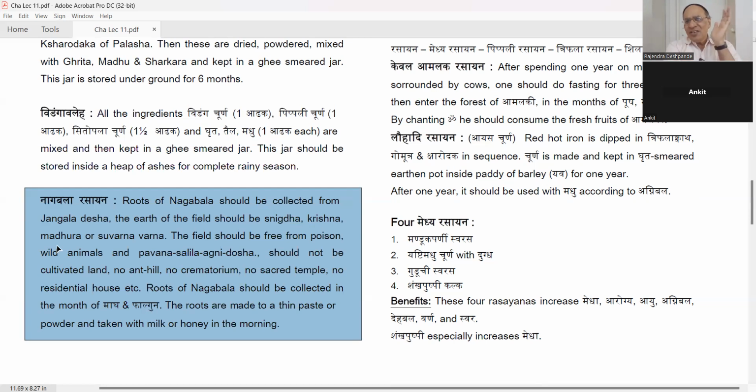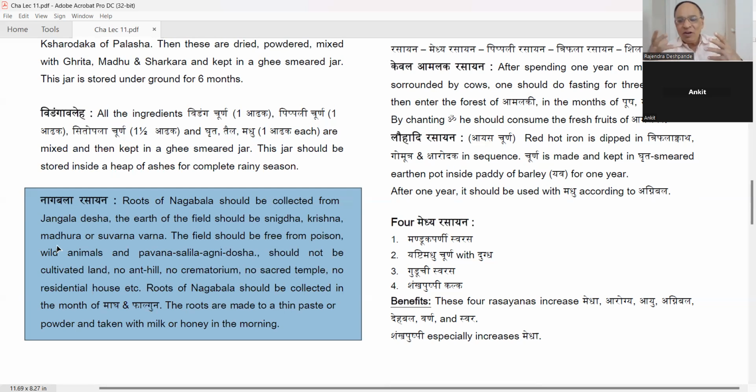But the interesting thing is that Jangala does not mean a lot of forest. No, no, no, no. Jangala is dry, desert, no rain, no trees, no forest. Quite opposite.